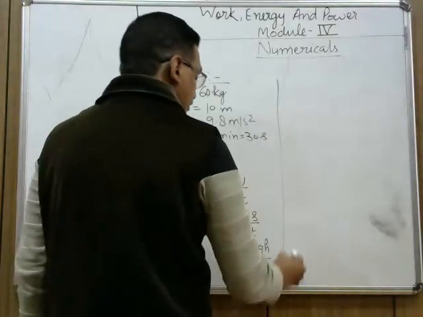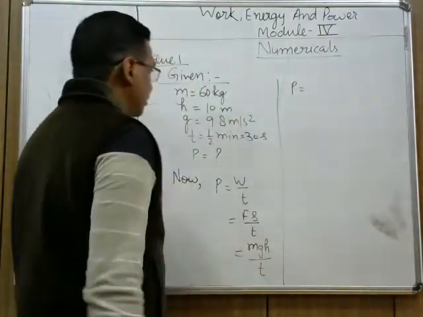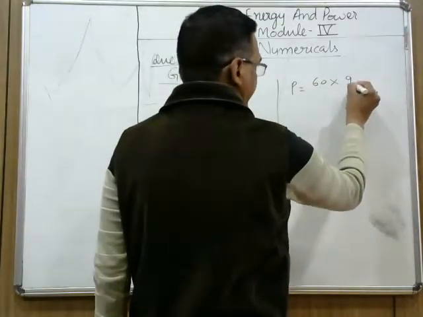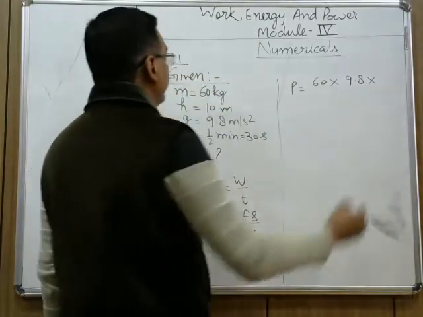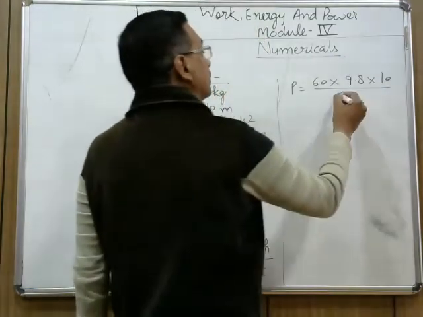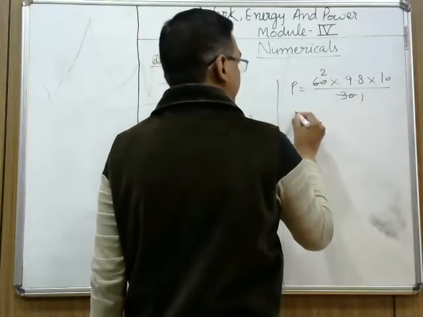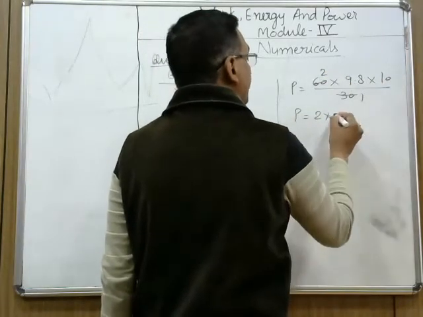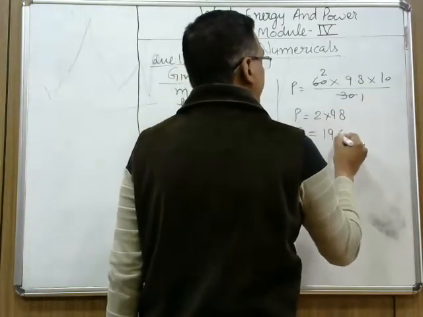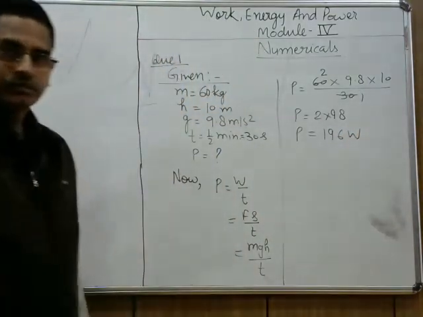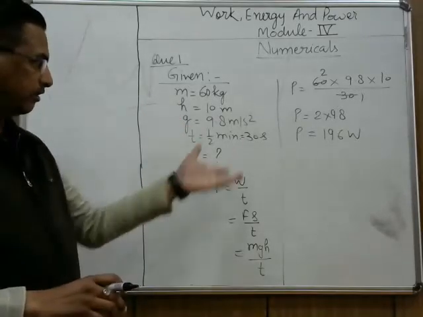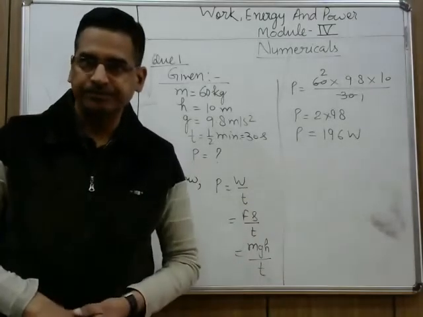So, on substituting the values, power is, mass is 60 kg into g is 9.8, height is 10 upon time is 30 seconds. 30 twos are 60, cancelled, P equals 2 into 9.8 multiplied by 10 is 98, P equals 196 watt. So first you will write the given, then you will write the formula and you will substitute the values, you will get the answer.